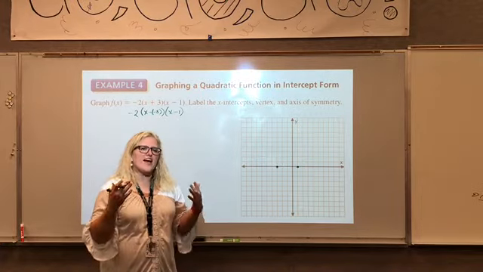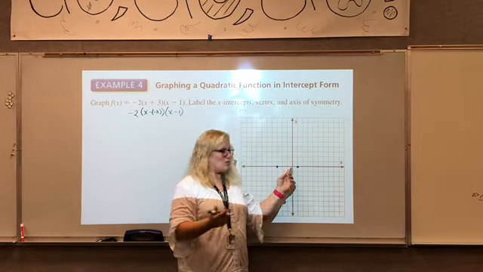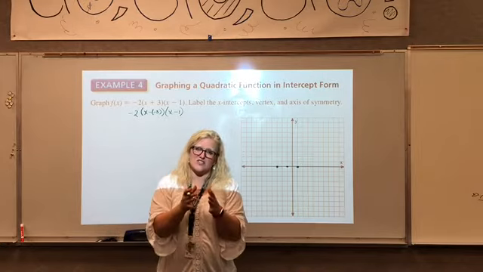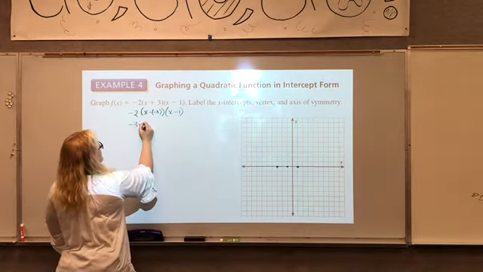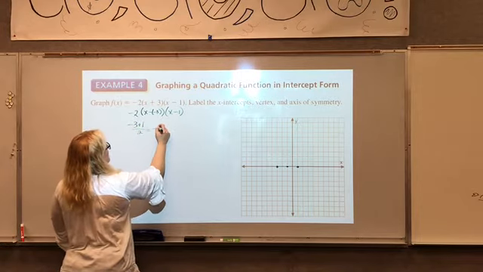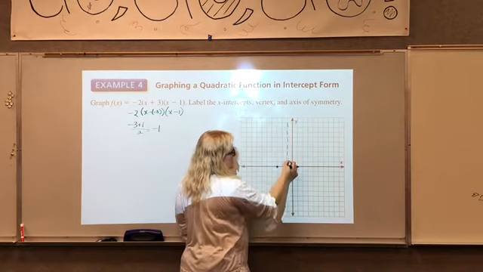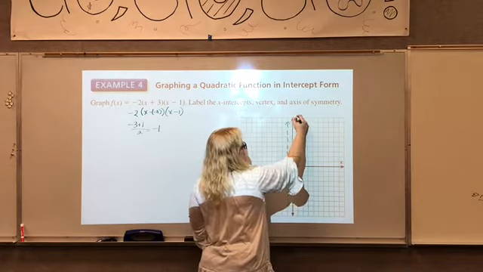And if I want to find what's exactly in the middle, I can just look at the graph if I really want to. It's right there. But I can also take the average of the two. So if I add those together, negative 3 plus 1 over 2, that gives me negative 1. So here is my axis of symmetry. X equals negative 1.